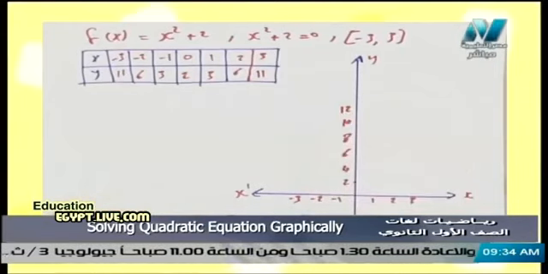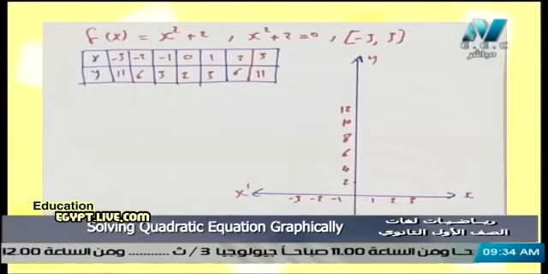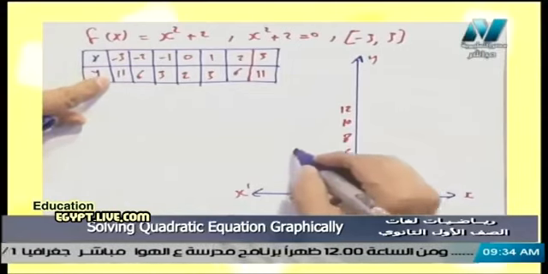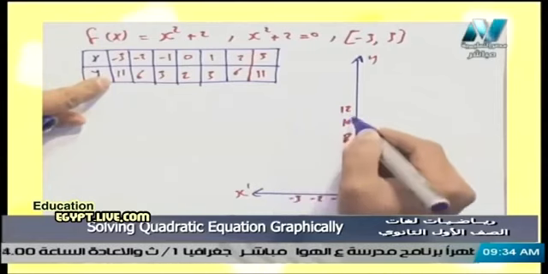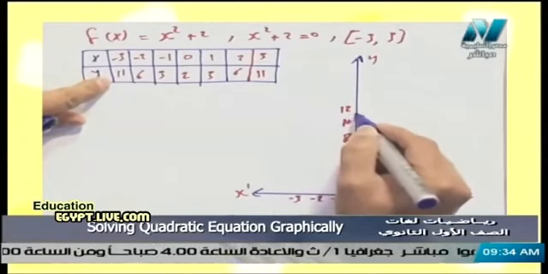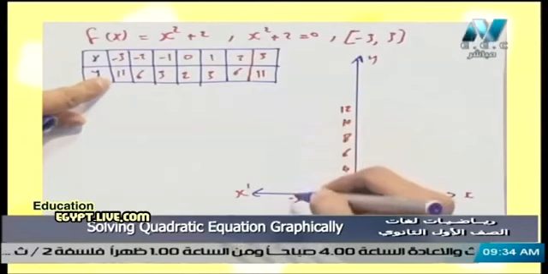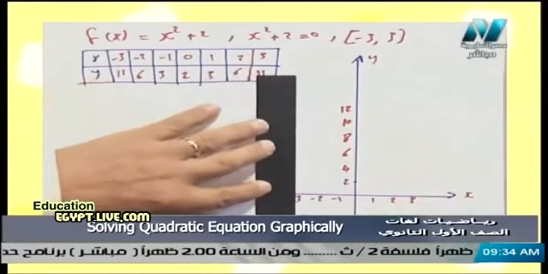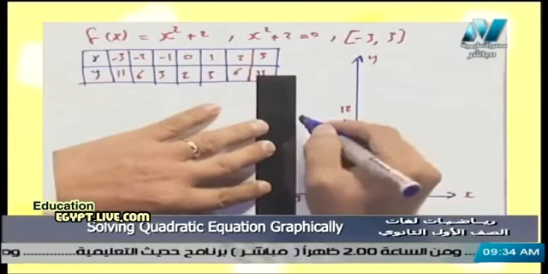And we will draw the points -3 and 11. Here -3 and 11. 11 is here in the middle between 10 and 12. You can use the ruler. Okay.